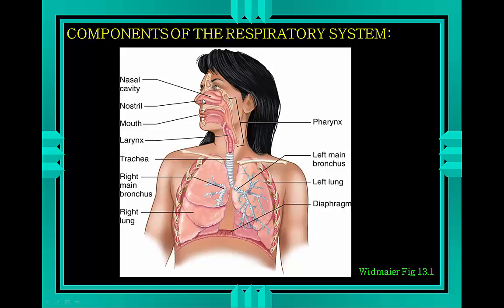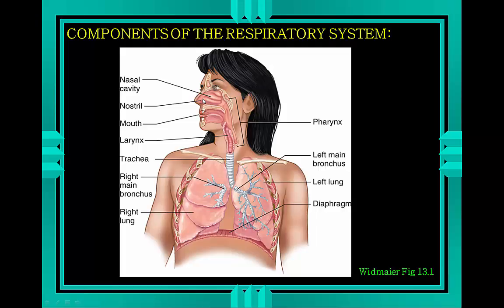It's also lined with a variety of secretory cells which secrete both mucus and a more watery or liquid secretion. The sticky mucus functions to trap large particles, again looking at things like dust, pollen, even bacteria, which may have been inspired in the air that we breathe from the atmosphere.